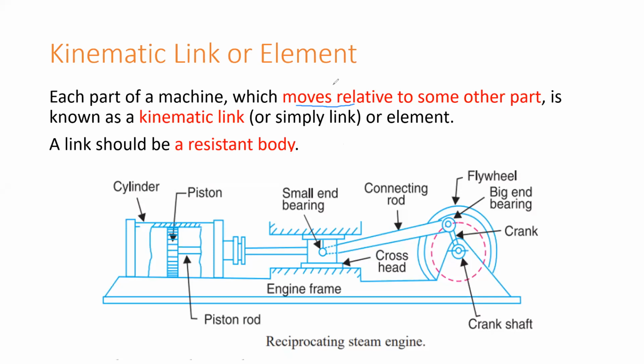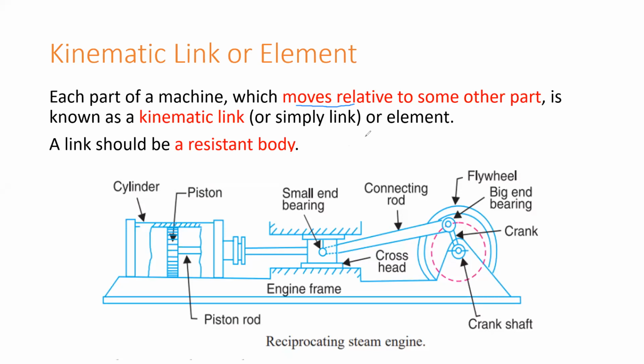There should exist a relative motion between two parts. What is relative motion? When some sort of distance is created between two links because of the motion, you can say that there is some relative motion.